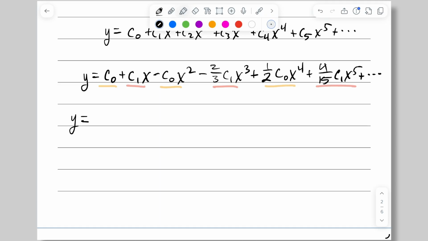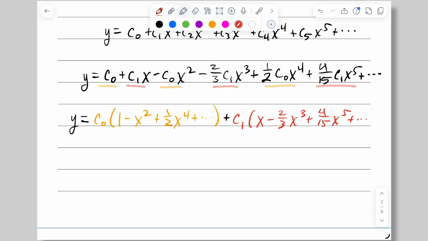We can write it down combining the c sub 0 terms and then factoring out the c sub 0, we get c sub 0 times 1 minus x squared plus 1/2 x to the fourth, and that's an infinite series, so plus dot dot dot. And then clustering together the c1 terms and factoring out the c1 gives us c1 times the quantity of x minus 2/3 x cubed plus 4/15 x to the fifth plus dot dot dot.